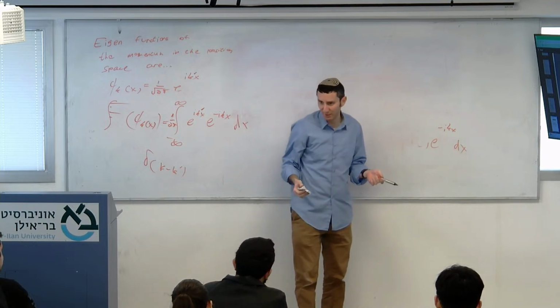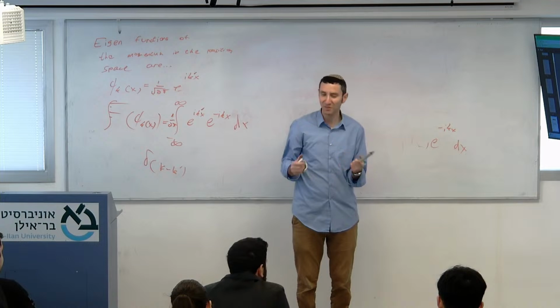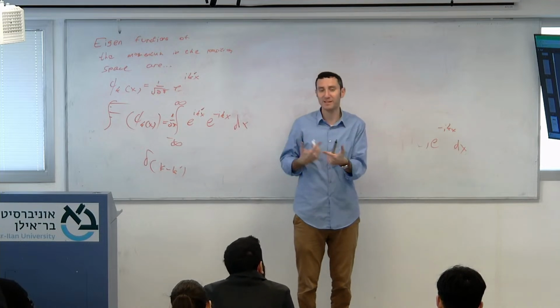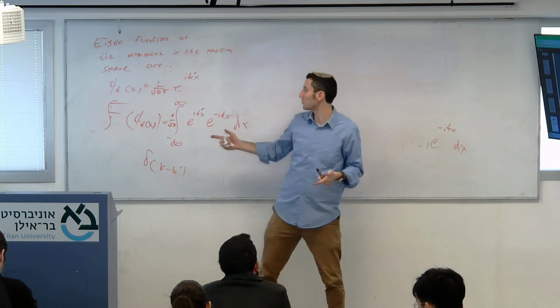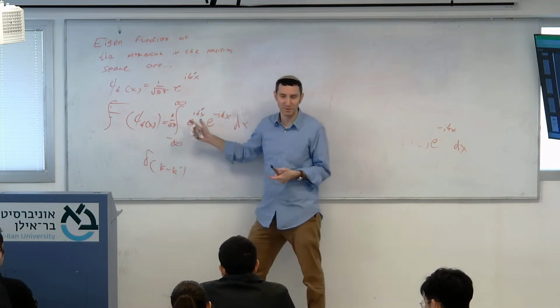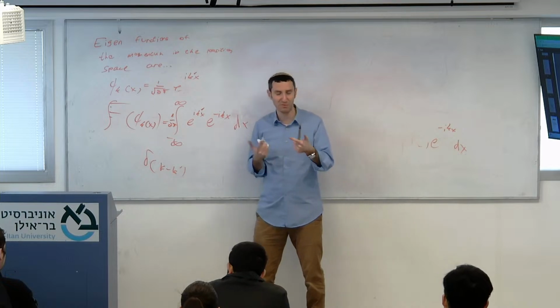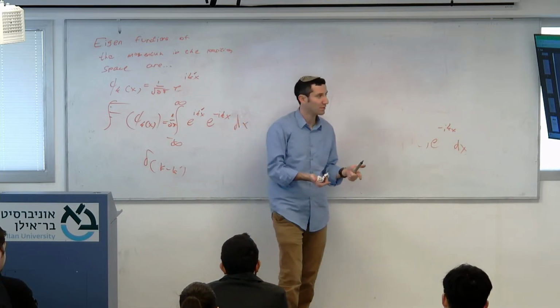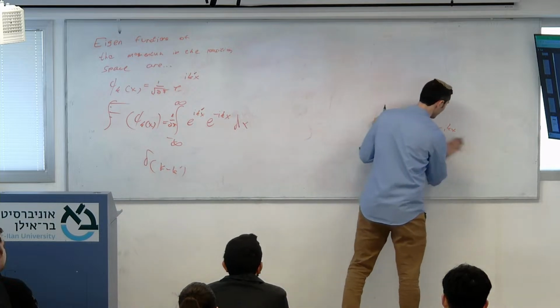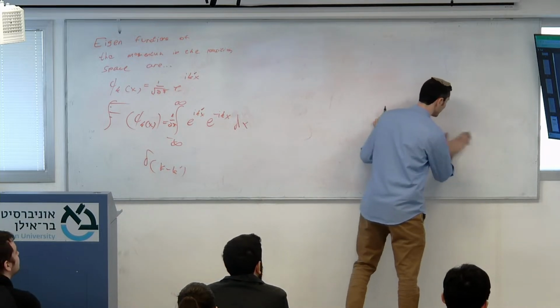Delta of x minus x naught. So if I translate it to the momentum space, I already saw that the Fourier transform of the exponent is a delta, so the Fourier transform of a delta is an exponent. Which is why I have here a beautiful chart.